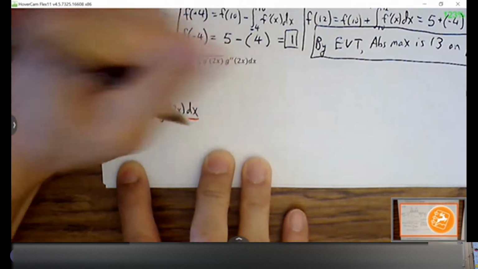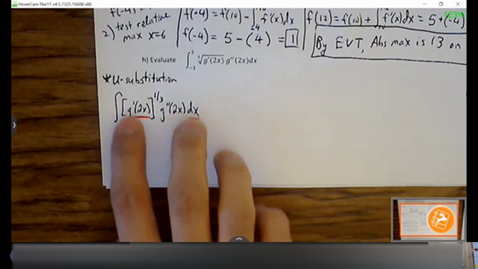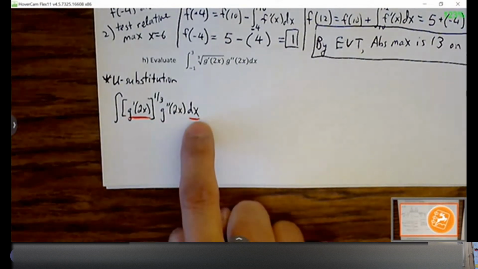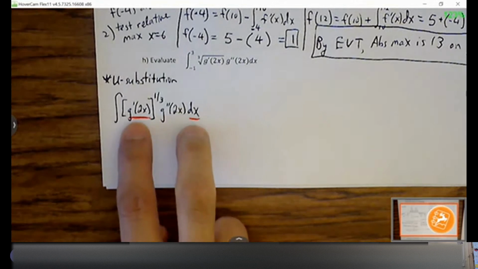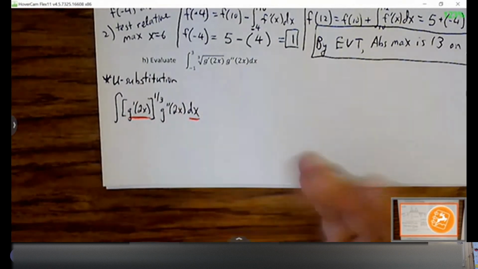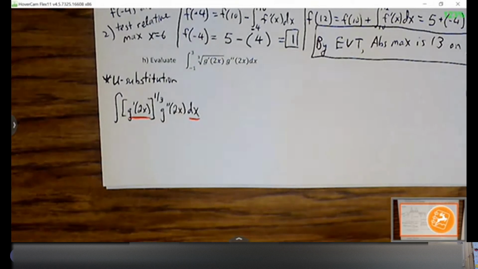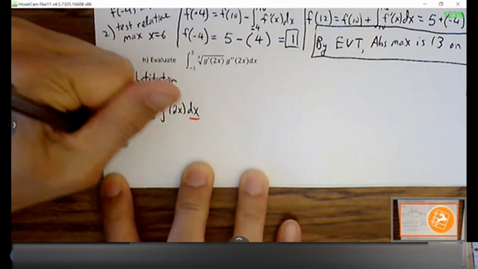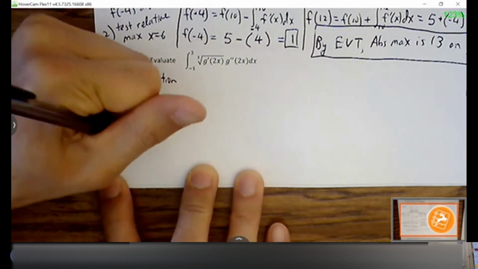And when we go through u substitution, we want to target our u value that we identified, and also we want to replace dx. And the hope is that after you go through that process, this will clean up into something that we can recognize in terms of an integral rule that we can use. So we'll let our u value be g prime of 2x.